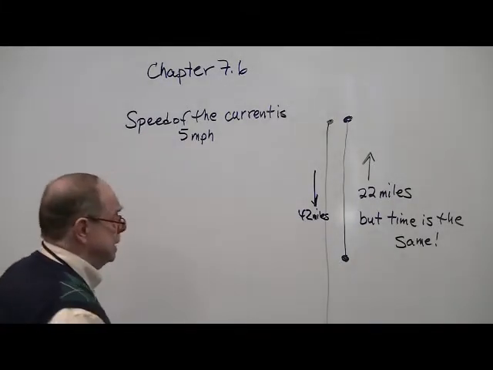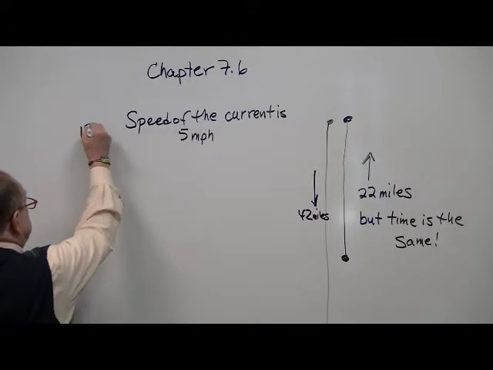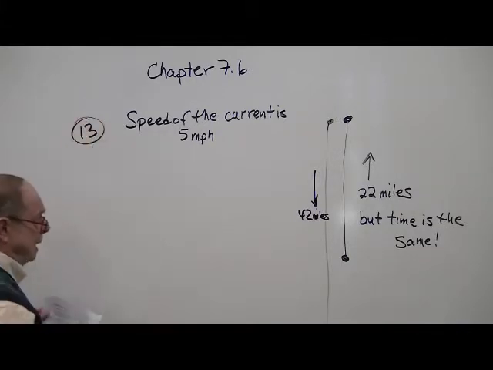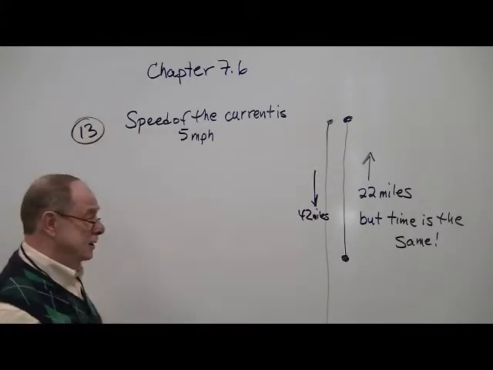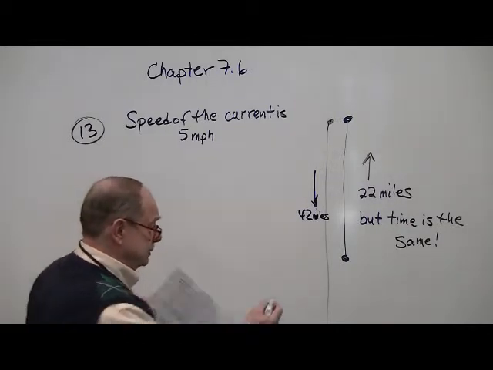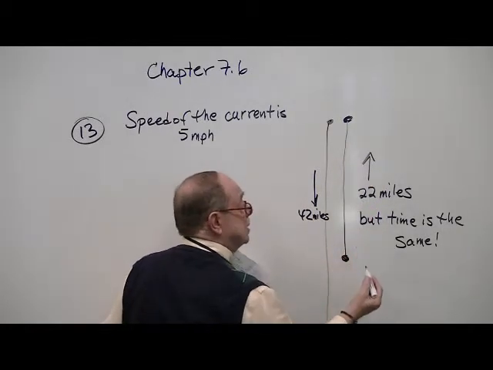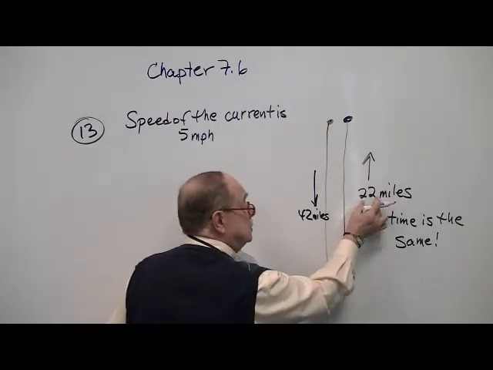Okay, going on to something else. This is example 13. And let me give you the scenario. A fella's in a boat, and he goes upstream against the current for 22 miles.